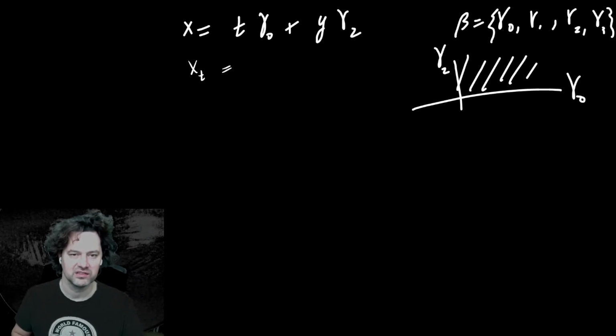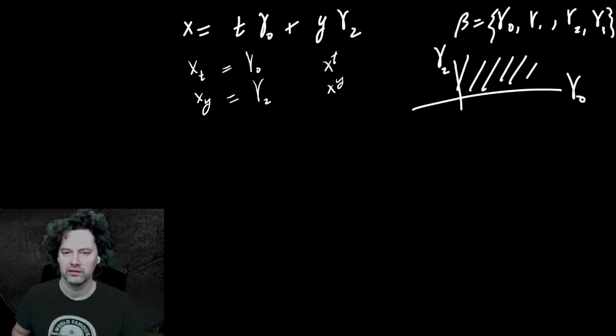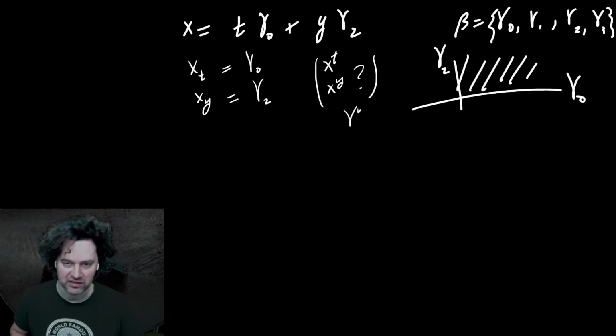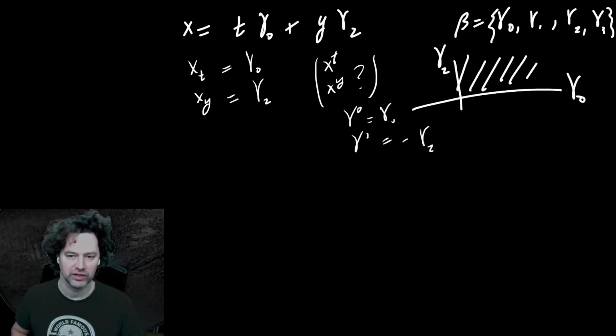So x_t is just going to be gamma naught, and x_y is going to be gamma 2. And we want to find now what is x^t and x^y. Well, we know what the answers are. It's gamma naught and gamma 2. But we should be able to show that this is the case.